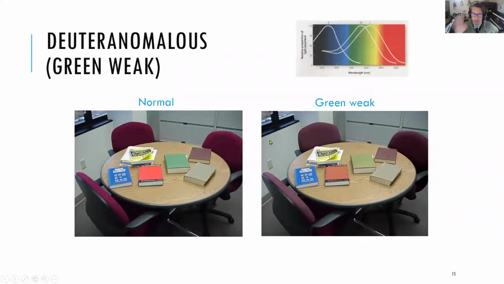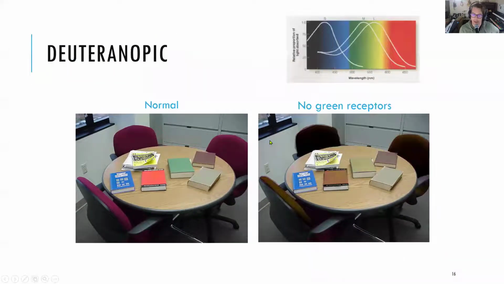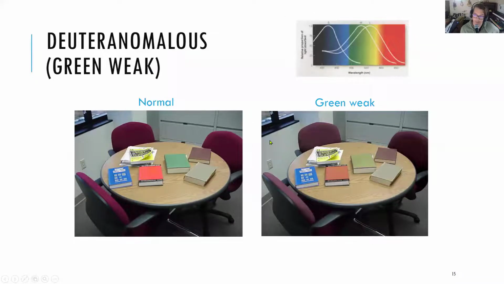Deuteranomalous and deuteranopic, you'll notice, are not as severe as protonomalous and protonopic, because here we're talking about the medium wavelength receptor. Sorry, I'm bouncing a little bit. If you take the medium wavelength receptor and make it misbehave or take it out, we still get the full spectrum of activity.